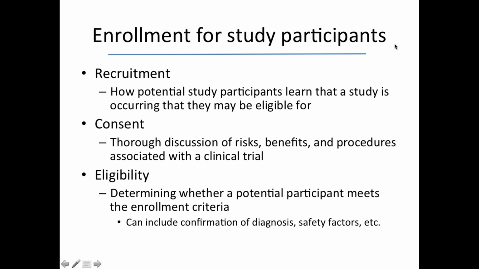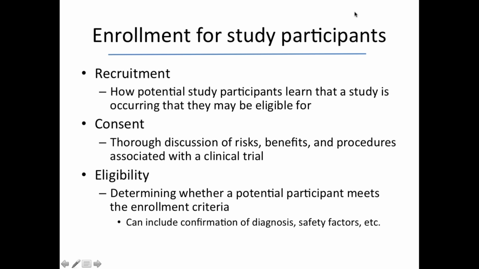So I want to discuss a little bit about what are the aspects of enrollment for study participants. So the first thing is something called recruitment. And recruitment really means how potential study participants learn that a study is occurring that they may be eligible for.